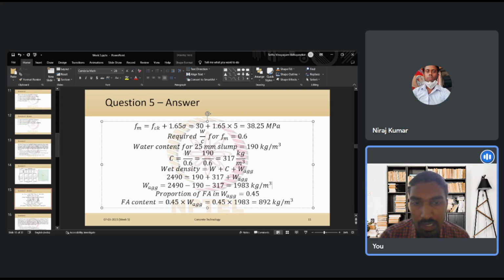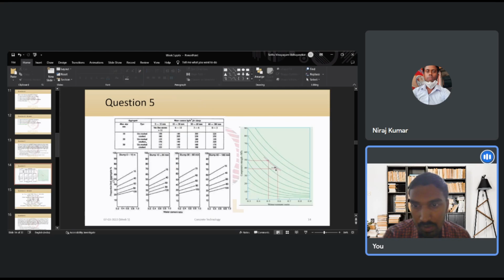So to find the fine aggregate, we need to know what proportion of this total aggregate belongs to the fine aggregate. To do that, we use the other chart, where the proportion of the fine aggregate is given for different water to cement ratios, and also there are different equations for different fineness, right?